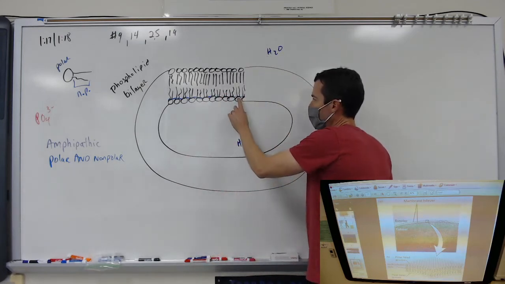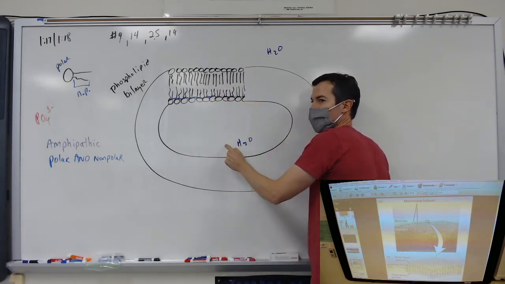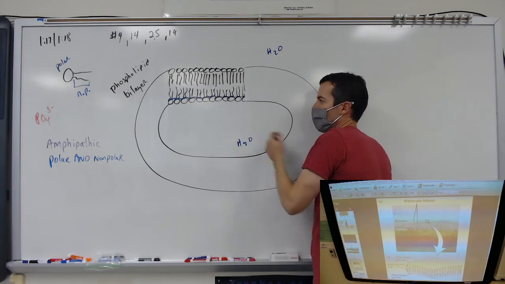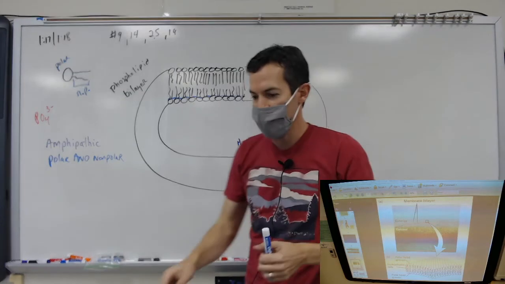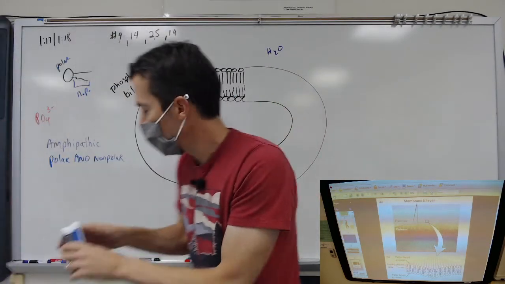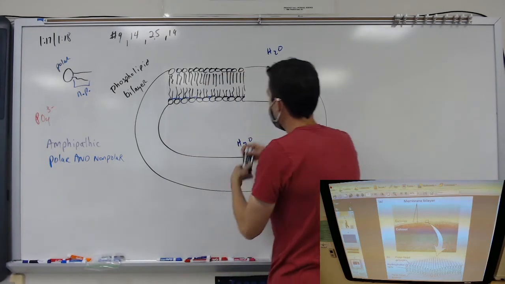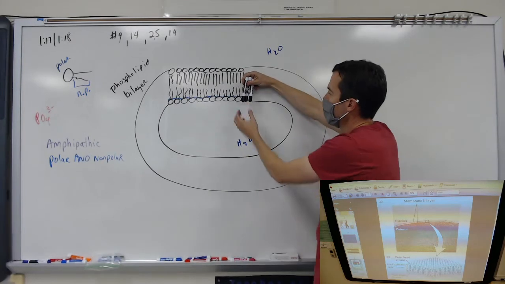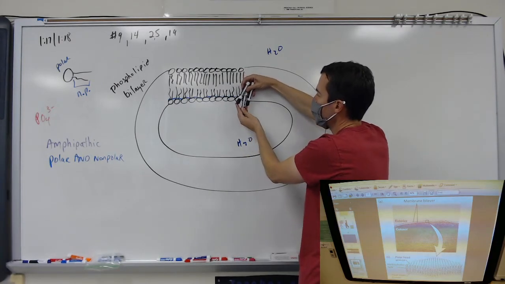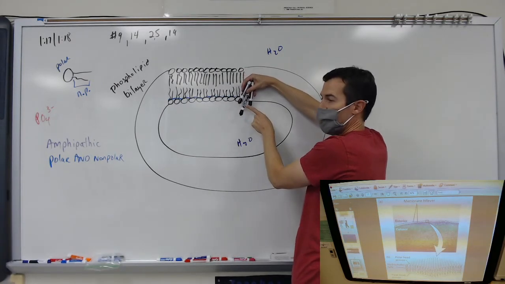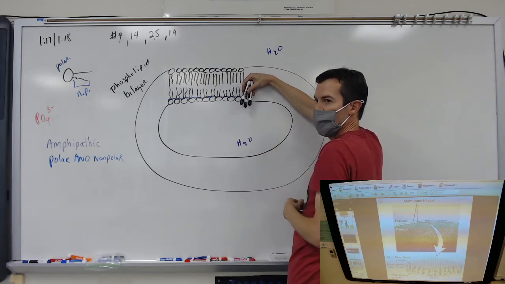Are these phosphate heads okay touching water? Yes. What about the lipid tails? No. So when one of these phospholipids tries to squeeze out, so here's some phospholipids, 1, 2, 3, 1, 2, 3. When one of these guys tries to squeeze out, the water doesn't like that lipid tail, so it pushes them back in. And that's all that holds you together.